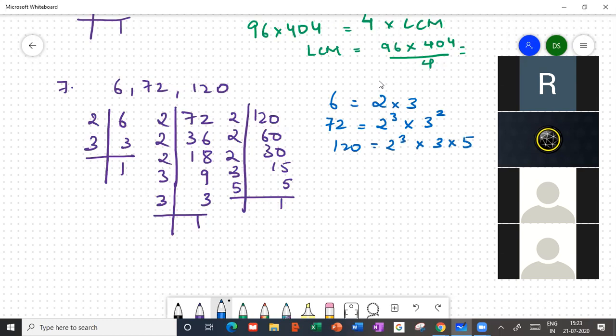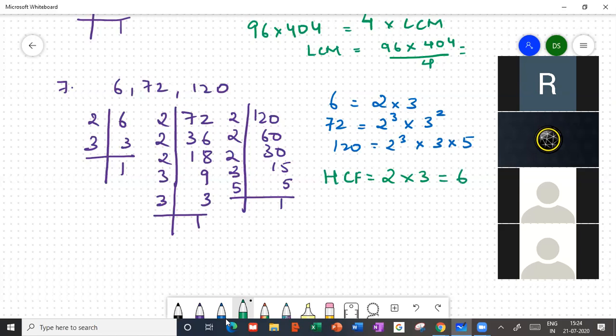Now look for what is common between all three. 120 and 72 have 2 to the power 3 common, but 6 only has 2. So it's just going to be 2 into 3. This is the highest common factor.